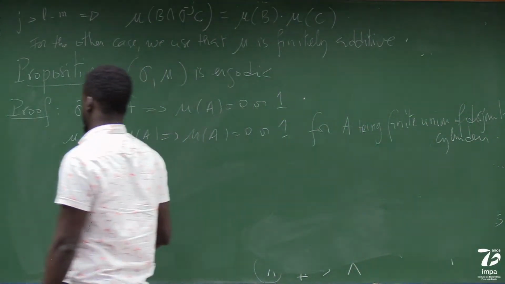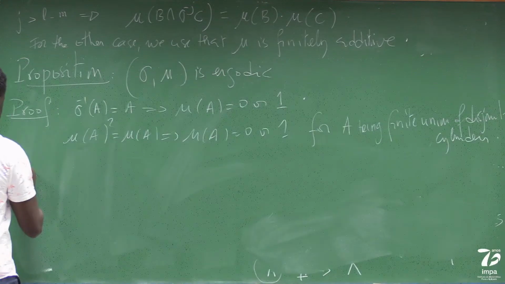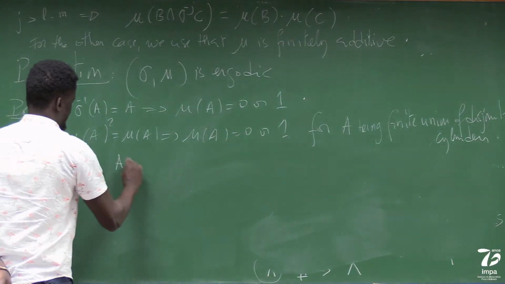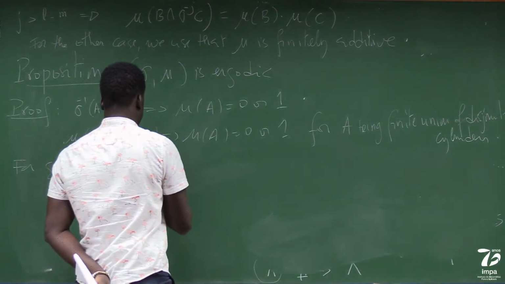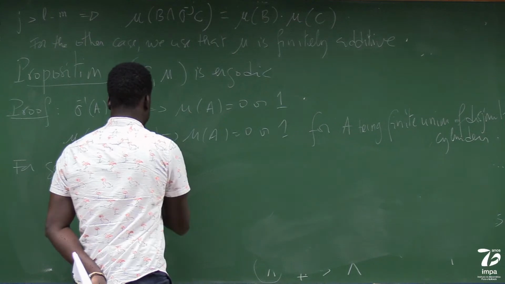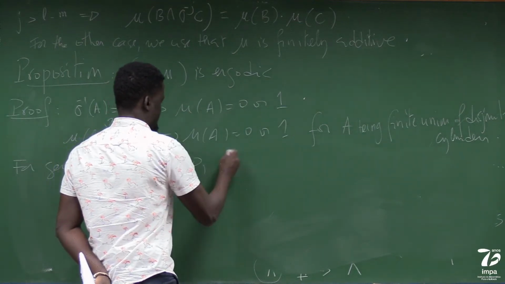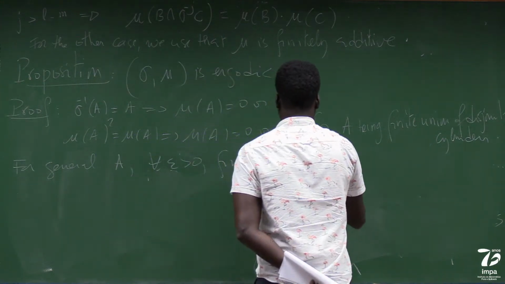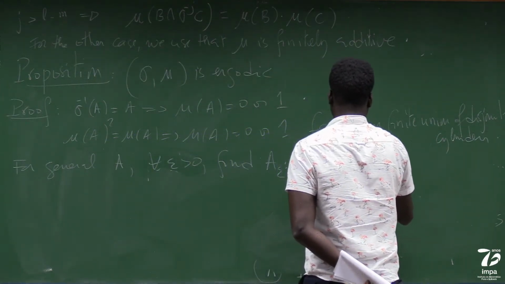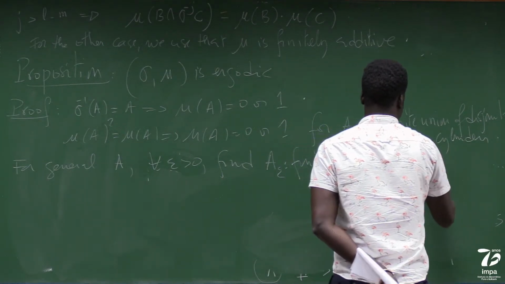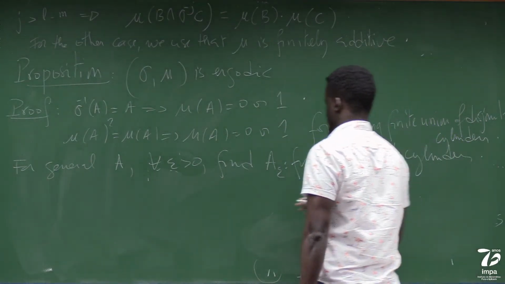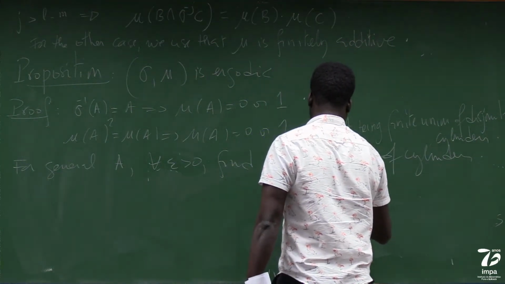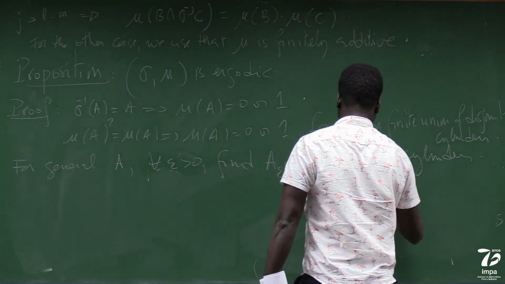For the other case, for general A, we find for every epsilon an A epsilon that is a finite union of cylinders such that mu of the symmetric difference is less than epsilon.